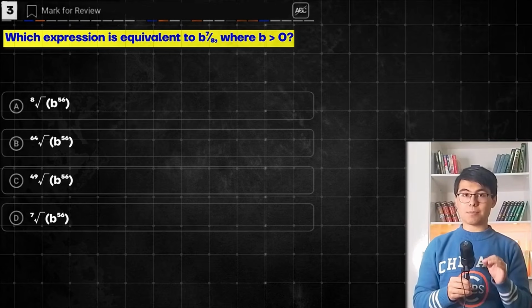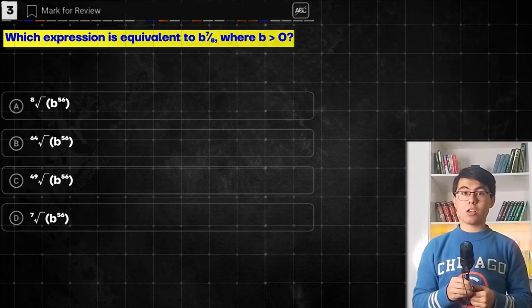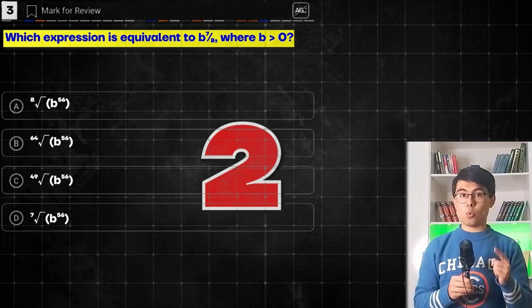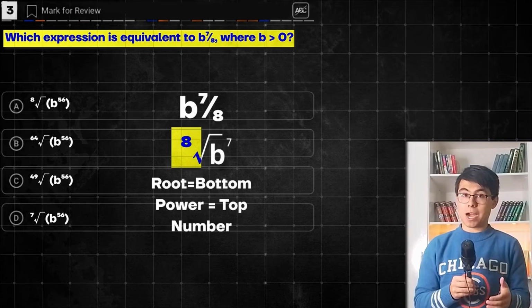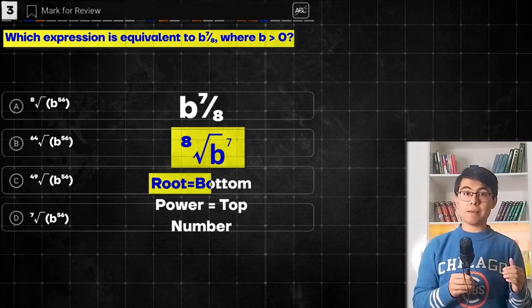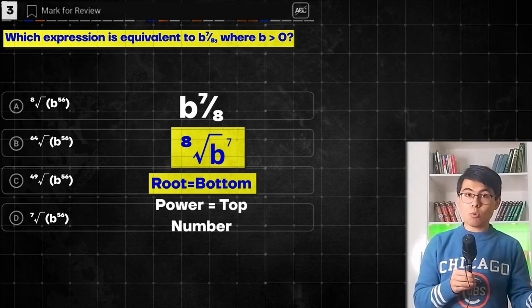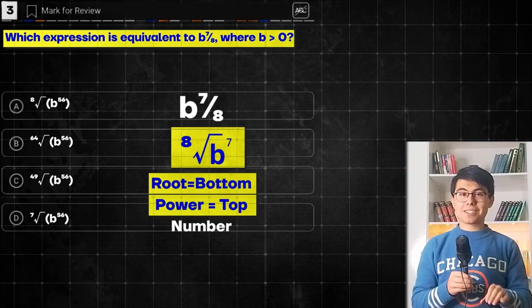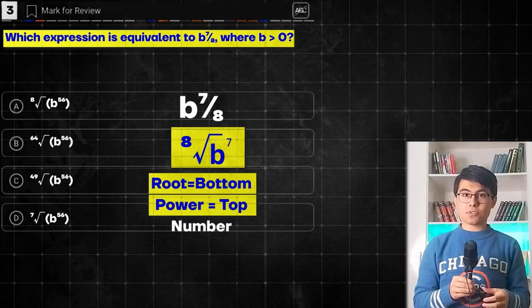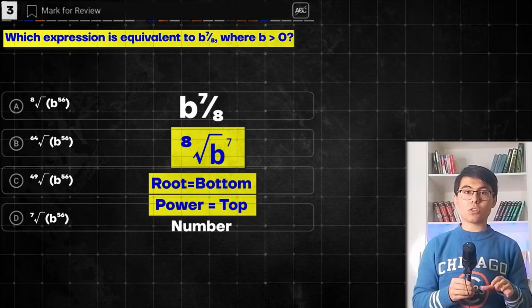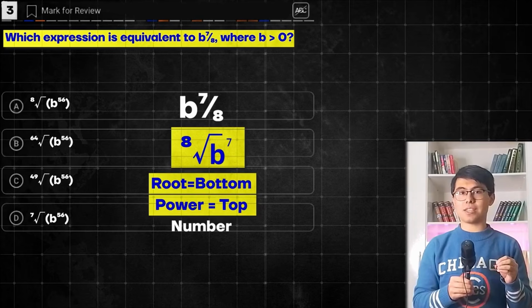So now it's time to solve this prediction question. 3, 2, 1. So b to the power of 7/8 means the 8th root and power of 7. Root is the bottom number and power is the top number. But here's the crazy part. In order to find the correct answer choice, if we look at the choices, none of them have this.